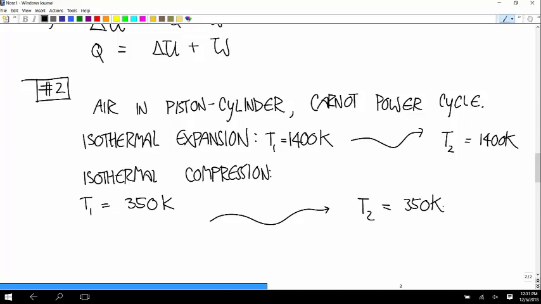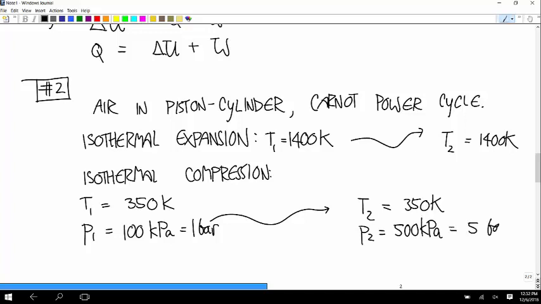And for the compression, we have a pressure P1 of 100 kilopascals. That's 1 bar. And a pressure P2 of 500 kilopascals.